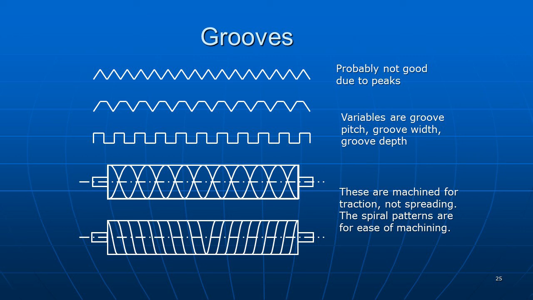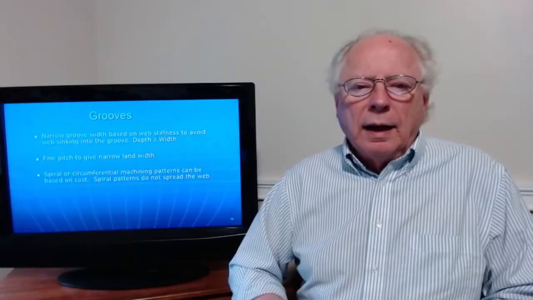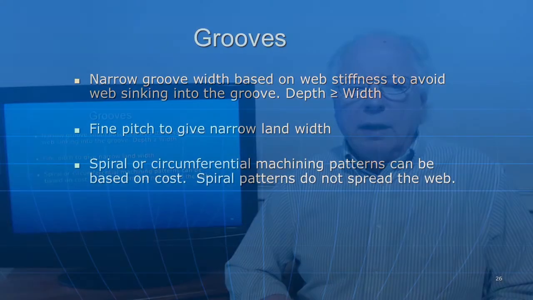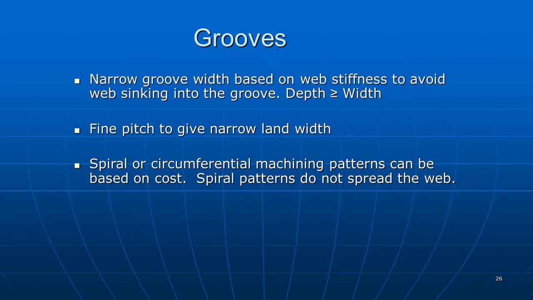Now you've got to recognize that these spirals are not cut as a way of removing wrinkles. Especially in rigid metal rollers, they're in there for the purpose of allowing the air to escape, giving the air someplace to go to help maintain traction. They can be cut on spirals of various patterns. There's a variety of ways that manufacturers can cut the rolls, but the objective is to give the air someplace to go. As far as the grooves themselves, you want narrow grooves so that you don't pull the web down into the valley.